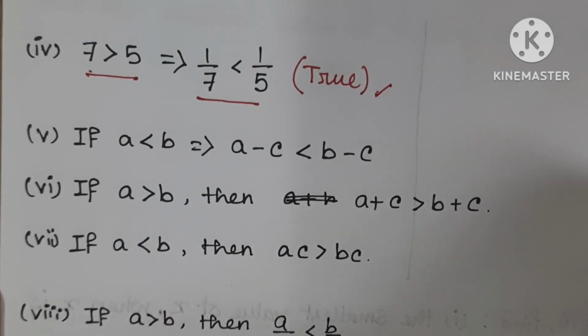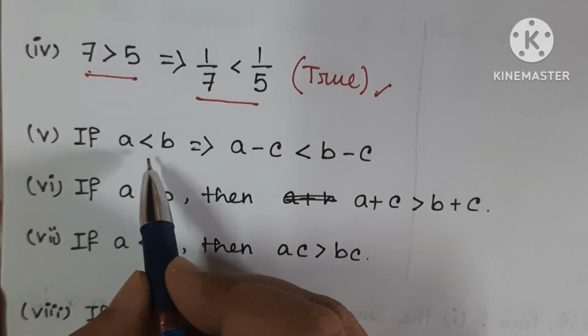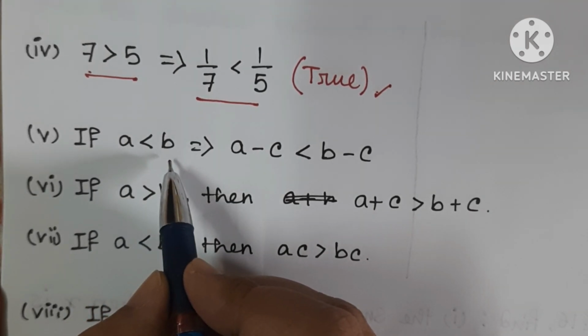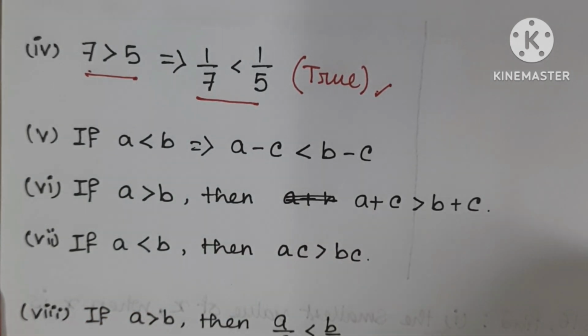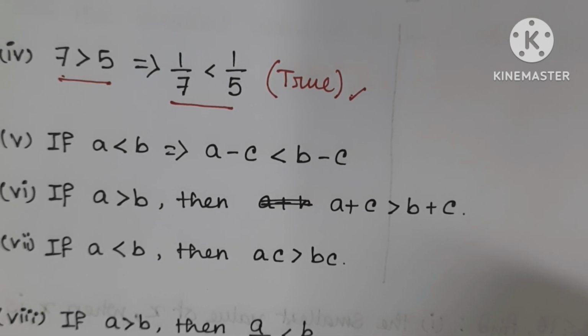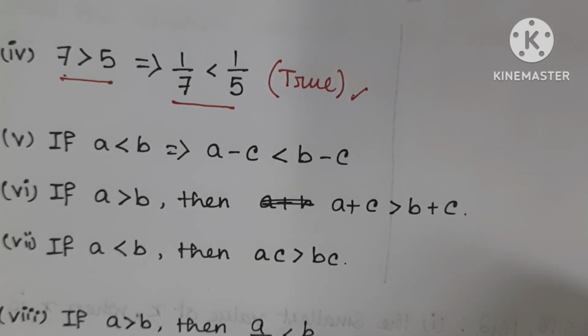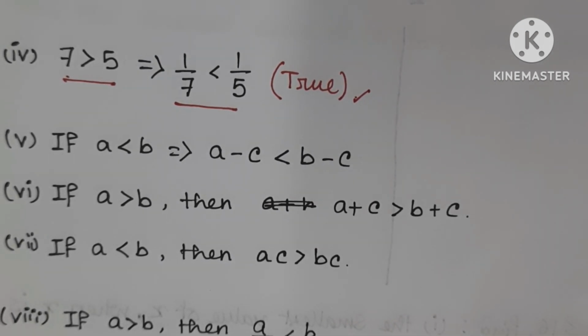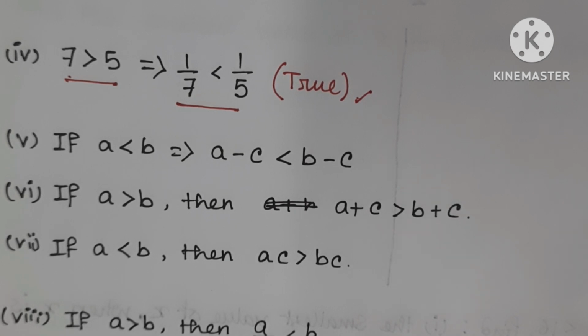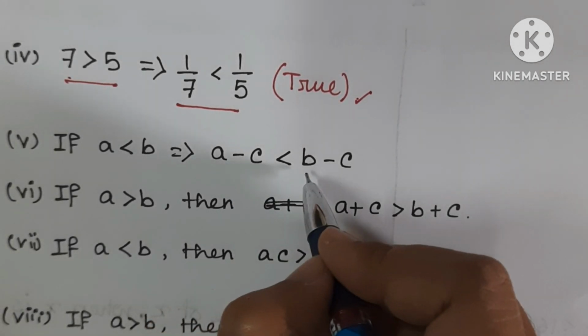Now the next one. If a less than b, there will be a condition that a, b, c are all real numbers and c not equal to 0. So if a less than b, that means a minus c less than b minus c.